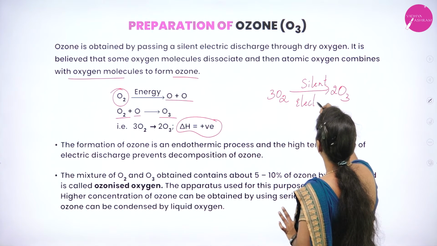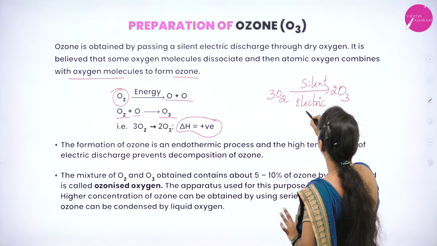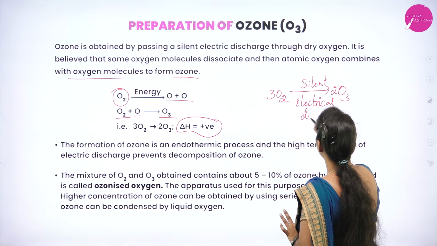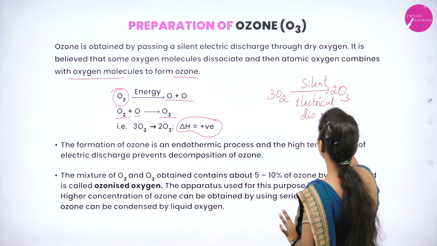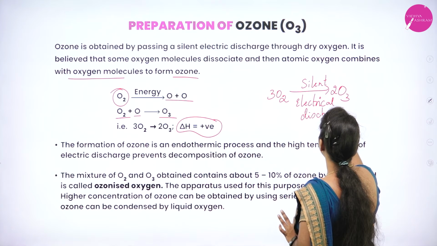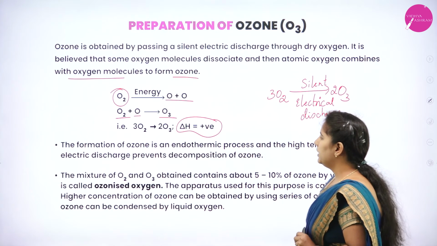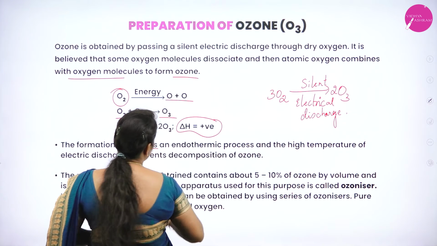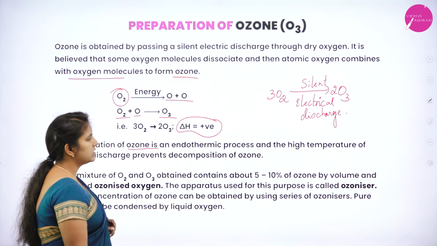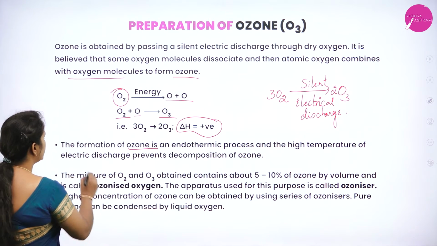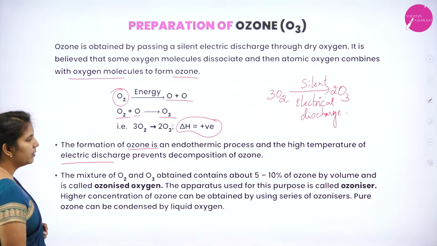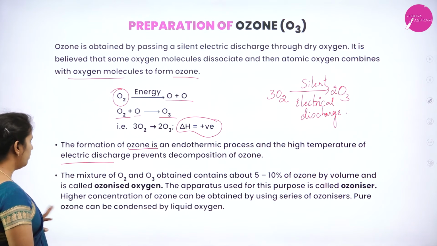What is the silent electrical discharge? Silent electrical discharge is nothing but a sparkless electrical discharge. And the formation of ozone is an endothermic process, and the high temperature of electrical discharge prevents the decomposition of ozone.